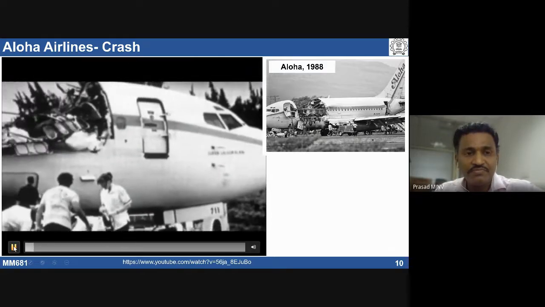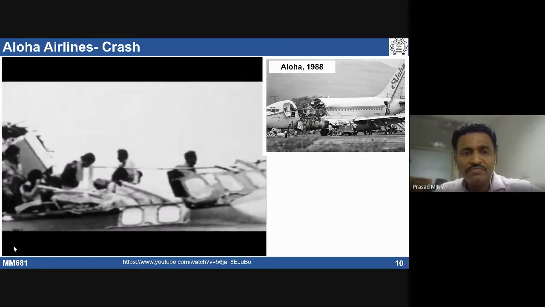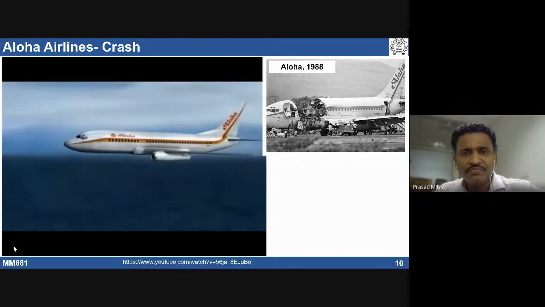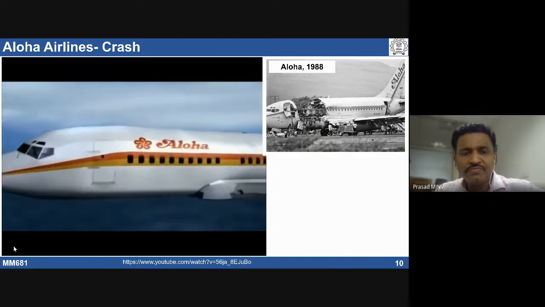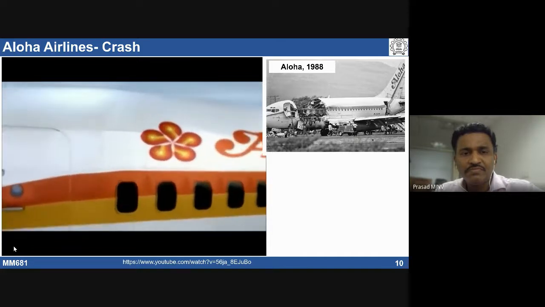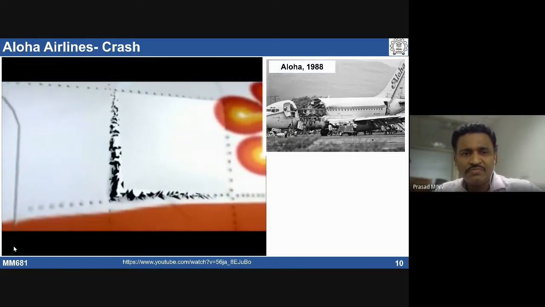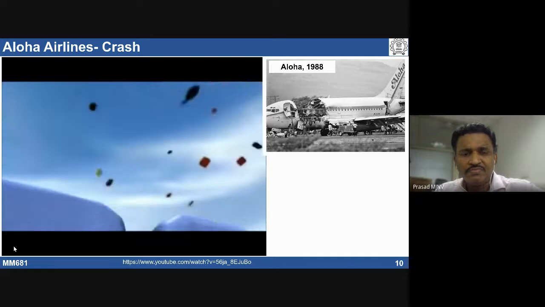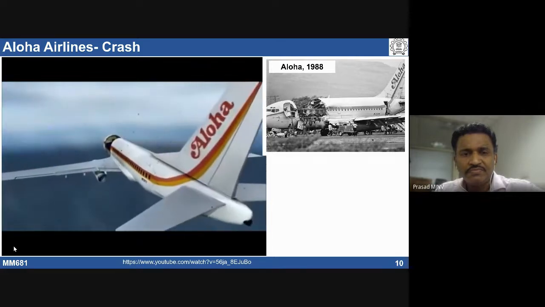April 28, 1988, when a 737 famously lost part of its fuselage in midair. As the 737 climbs through 24,000 feet, the cabin pressurizes and the skin of the plane expands just as it's supposed to. But something else expands too. Those cracks in the 737's decompression. Its force is so powerful, a flight attendant is sucked out of the plane.